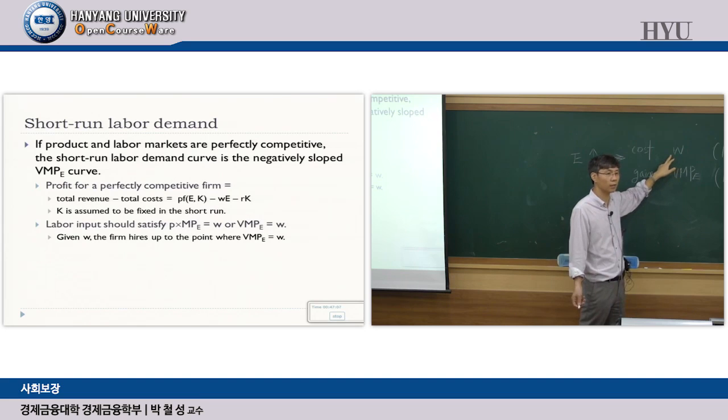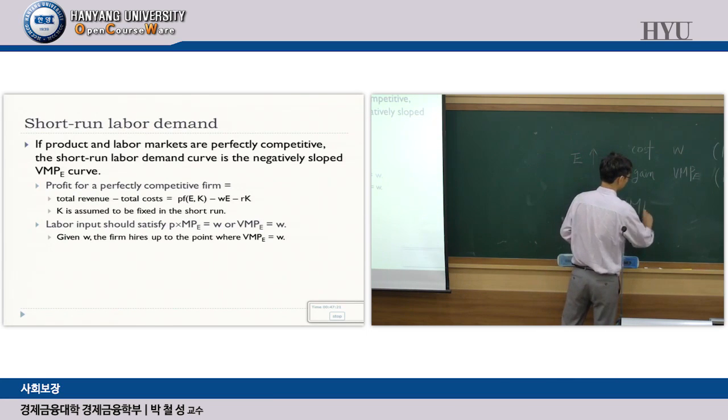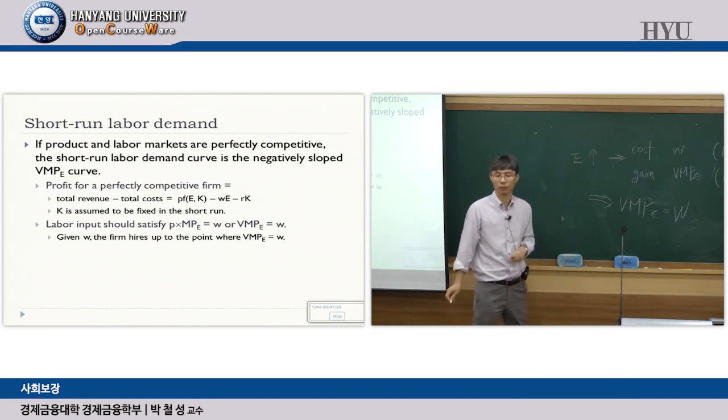You pay $W, but you actually get less than $W. So you shouldn't do it because your profit is going to be smaller. So obviously that logic leads us to VMP should equal W.